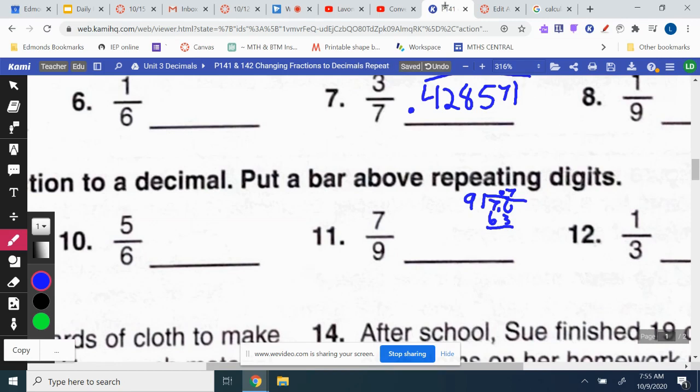And I'm going to get a leftover of 7. So I add the 0, bring it down. 9 goes into 70. 7 times 9 is 63. And now you guys see the pattern. So it's 0.7 repeating.